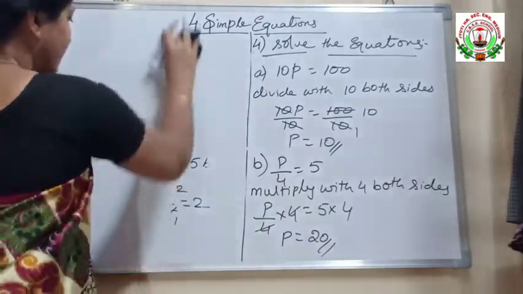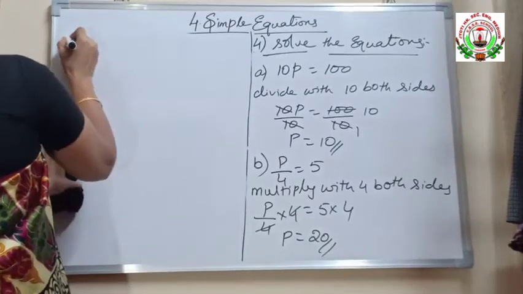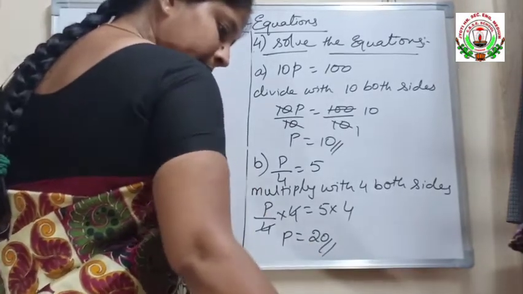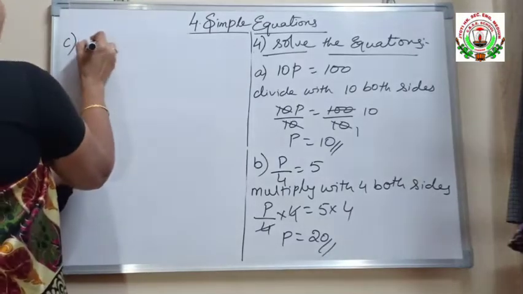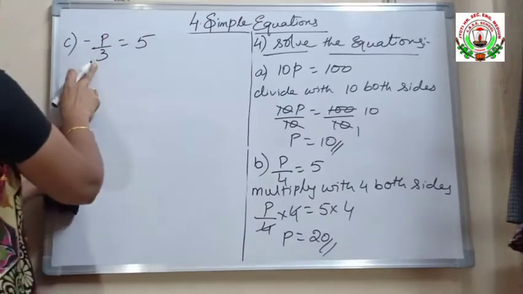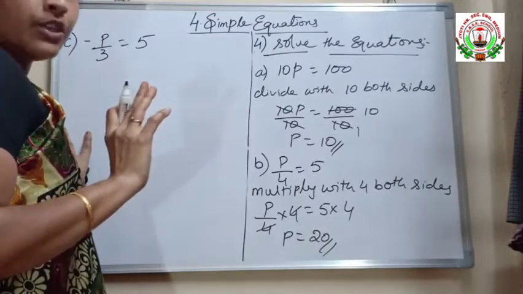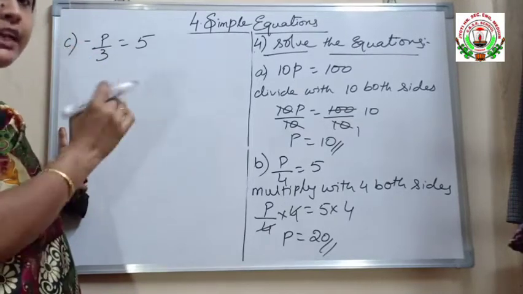Next, C part. Minus p by 3 is equals to 5. See, again division is given with minus p. There is no change in the method when the equation is having plus sign or minus sign.